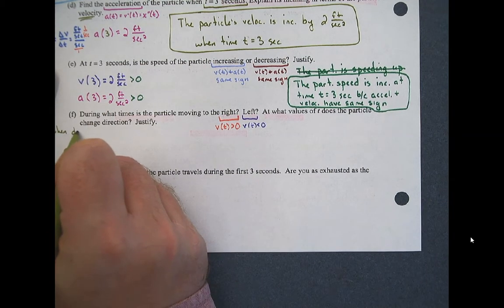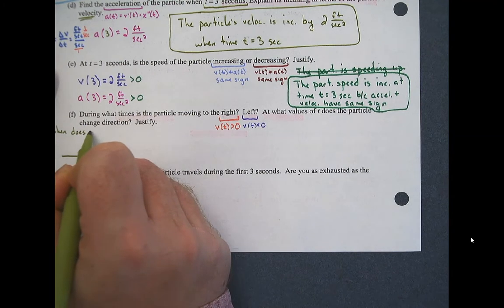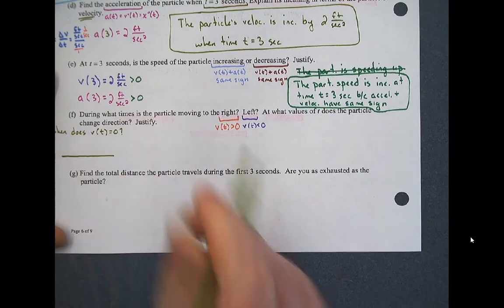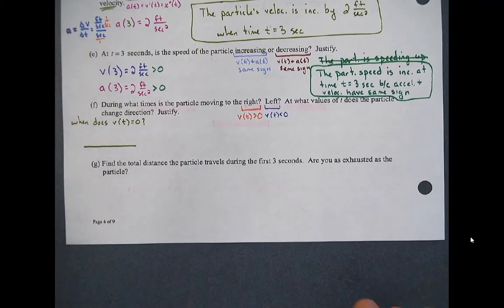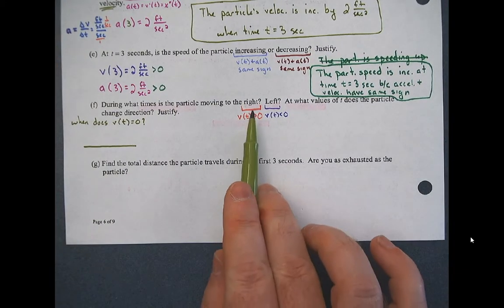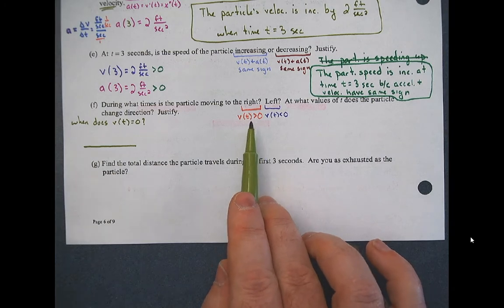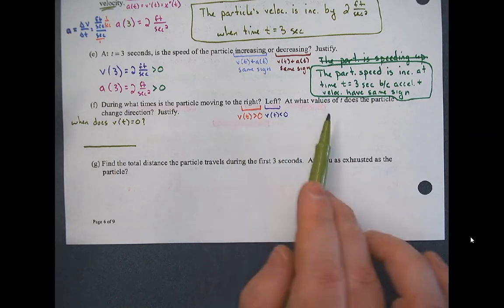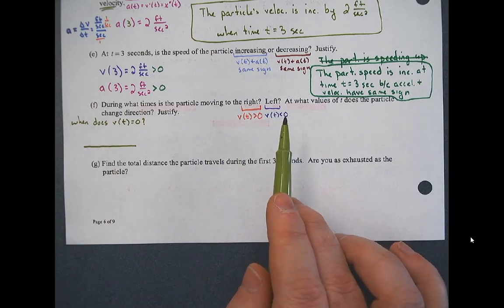When does velocity equal 0? That's what I want to figure out first. If I can figure out when the velocity is 0, then I can just check on either side of that 0 to see if those values are positive or negative.